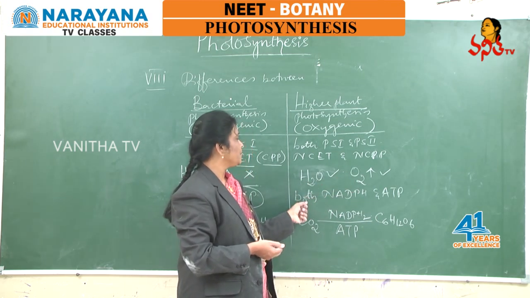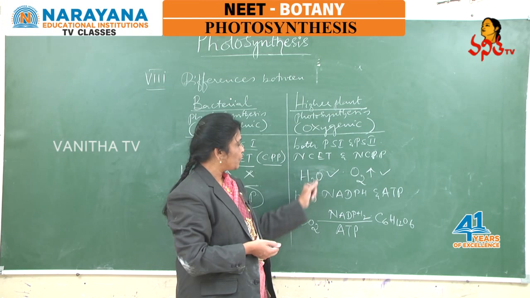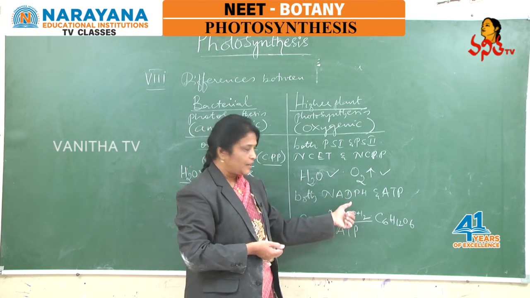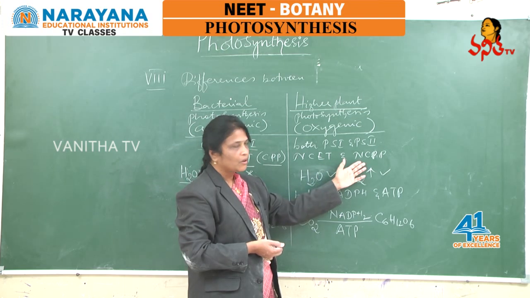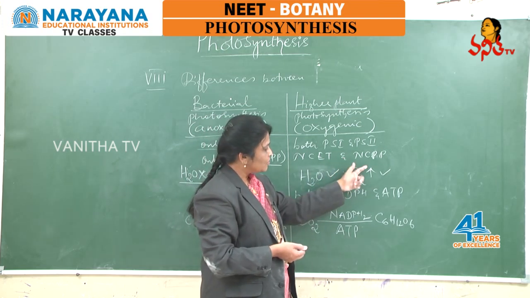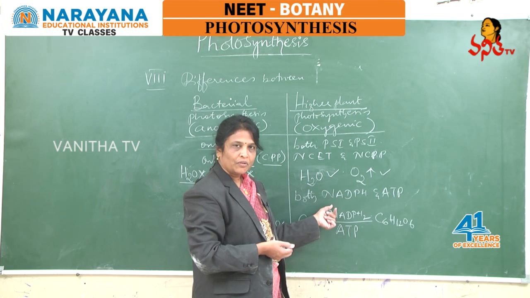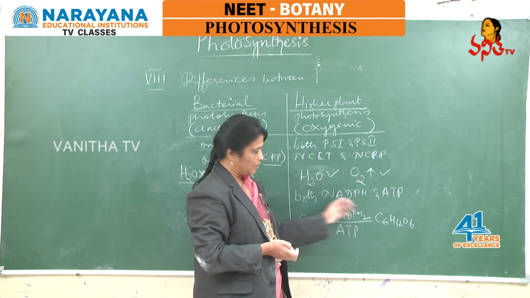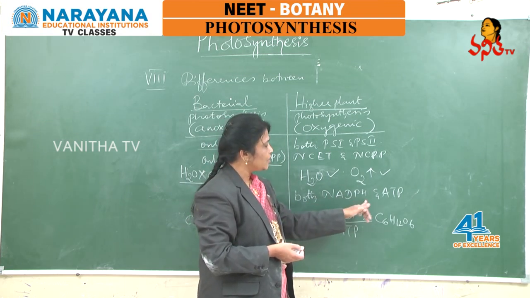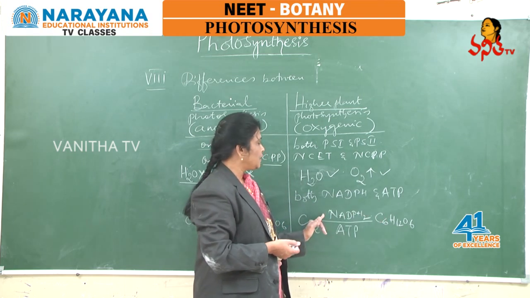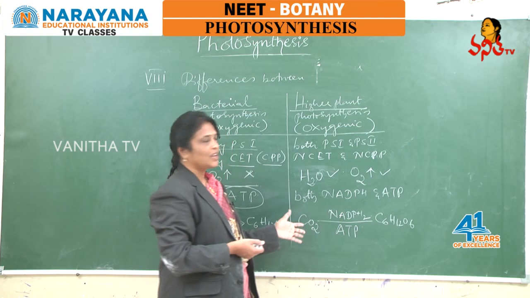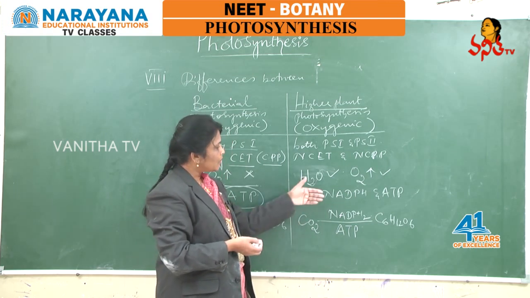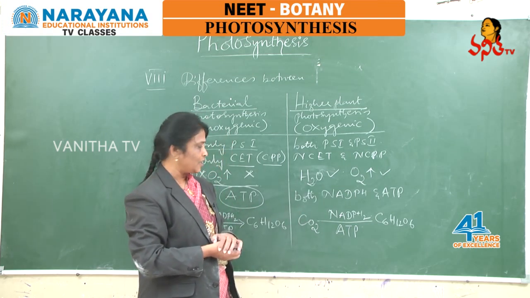Not only that, non-cyclic electron transport favors the synthesis of NADPH and also causes proton translocation, so it also helps in the synthesis of ATP. So here both NADPH and ATP, the two types of assimilatory power, are formed during non-cyclic electron transport, and that leads to non-cyclic photophosphorylation.